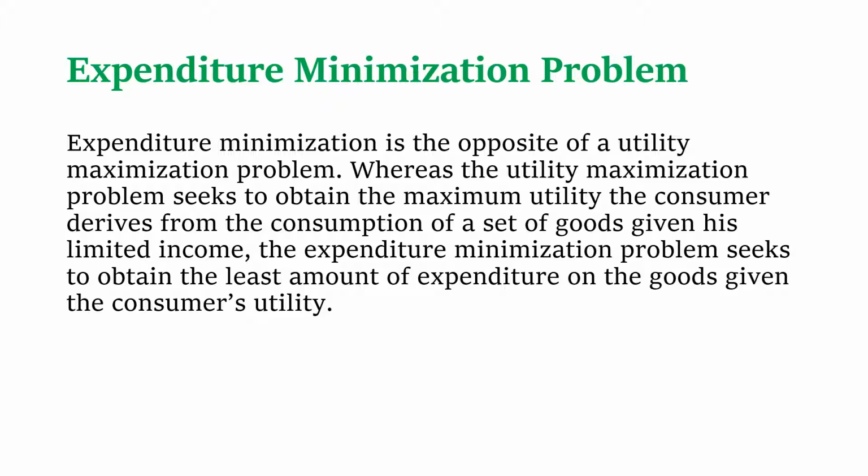Now, if there are n commodities, then the objective function of the expenditure minimization problem will be: minimize over x1 up to xn the summation of pi xi, where i ranges from 1 up to n. That is if the consumer consumes n commodities.